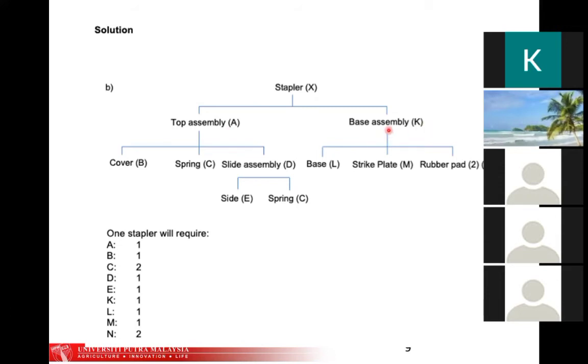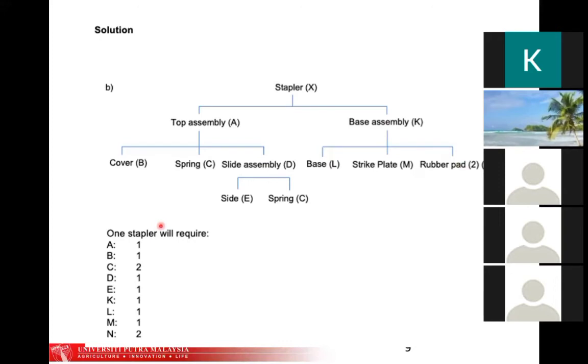For the top assembly A, to produce it we need 1 cover B, 1 spring C, and also 1 slide assembly D. And to produce slide assembly D, we need slide E and also spring C. For the level 1 base assembly K, to produce the base assembly, we need base L, strike plate M, and 2 rubber pads that we call N.